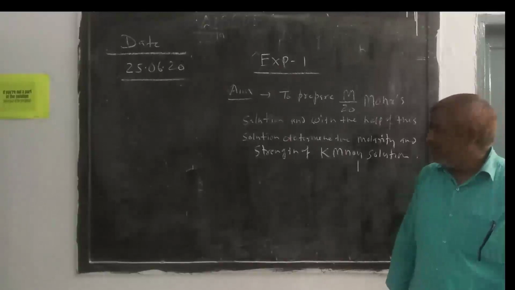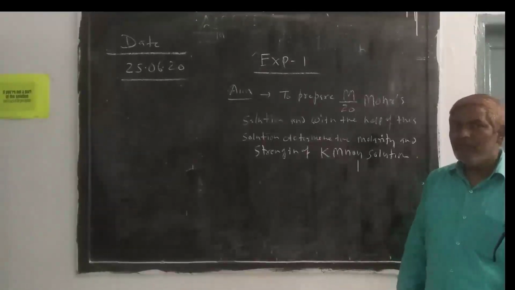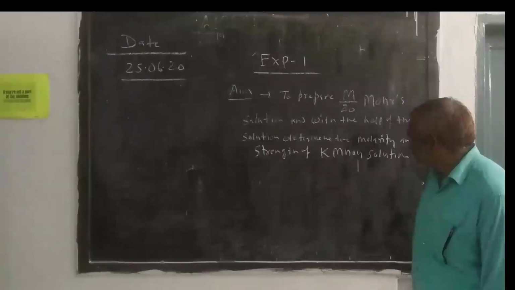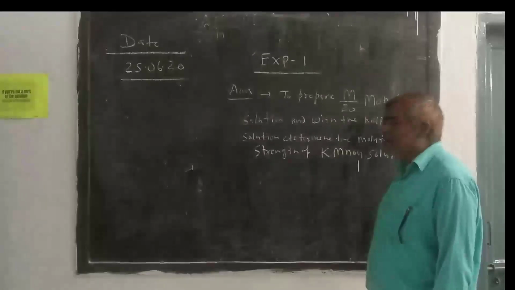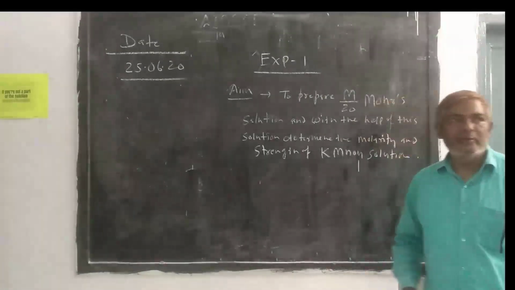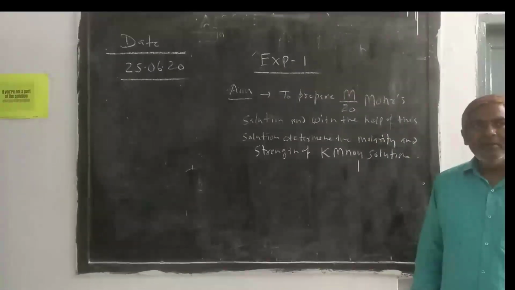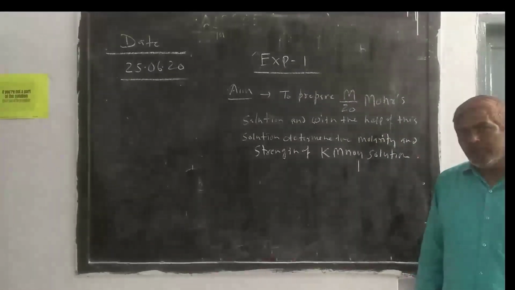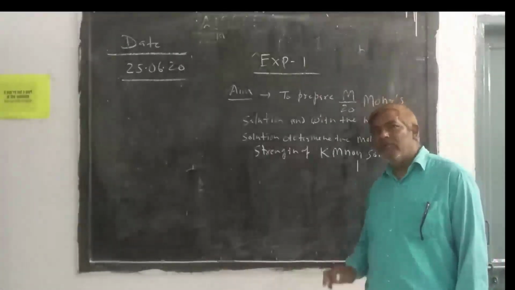So, in this experiment, one is the standard solution, the other is the normal solution. Now the question is, which one is the standard solution and which one is the normal solution? The solution whose strength is given is called a standard solution, and the solution whose strength is not given is called a normal solution.